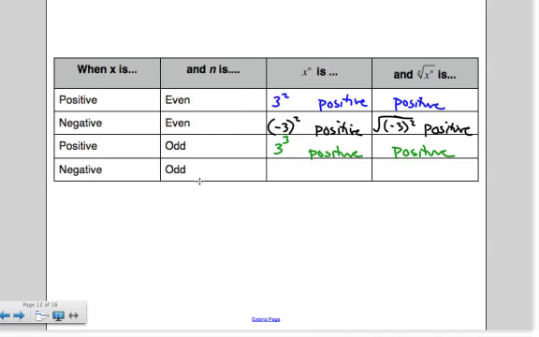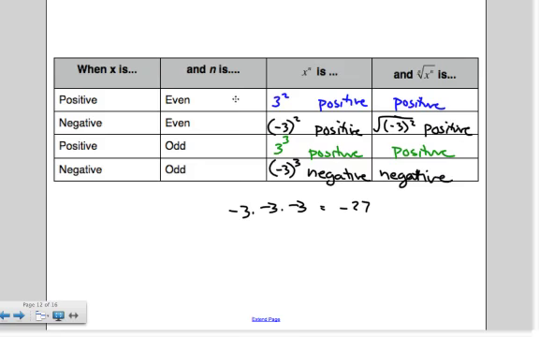Now here's the tricky one. If I take a negative number and raise it to an odd power, then if I multiply negative 3 times negative 3 times negative 3, I get negative 27. All right? So this means this is negative. And my cube root would also be negative.